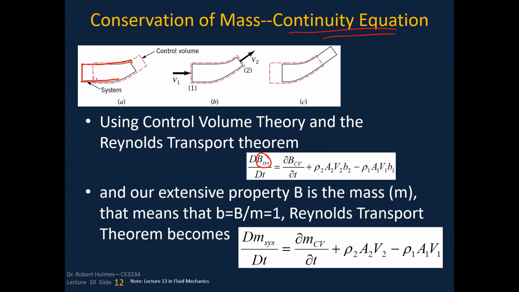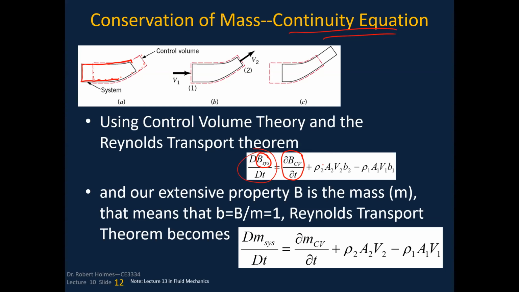So if I've got this control volume here that's shown by this dotted line, I can say that the change of the extensive property, whatever it would be, of the system with respect to time is equal to the change of the extensive property in the control volume with respect to time plus the net flux.